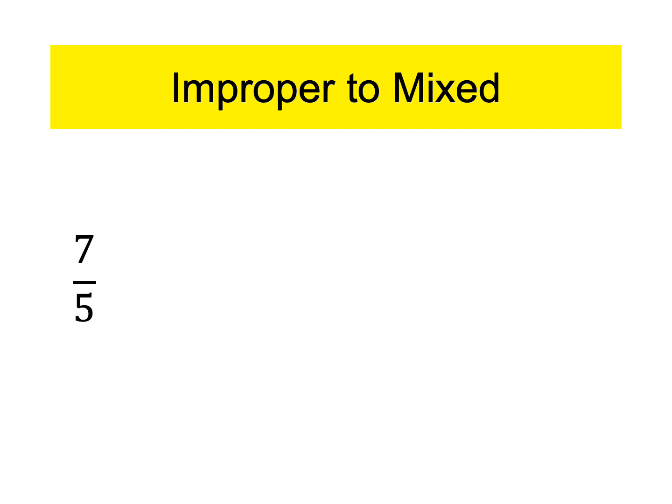So here's an improper fraction. The numerator is bigger than the denominator, fully reduced. To change this into a mixed number, we start with the bottom number, the denominator. The denominator is 5. And here's the procedure. We say, how many times can 5 evenly go into 7? Well, that would be 1 time. Well, what would be the remainder? What would be left over? 5 goes into 7 once with 2 left over. 2 now becomes the numerator. 5 stays the denominator.